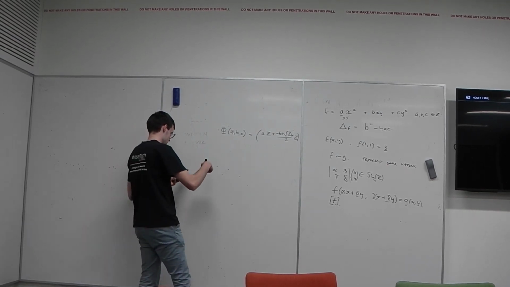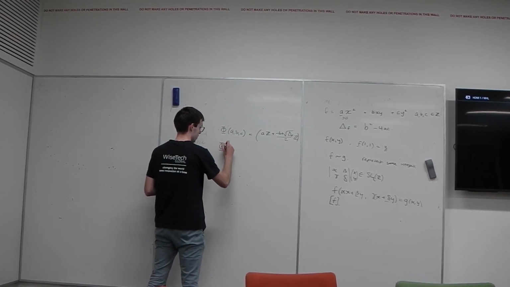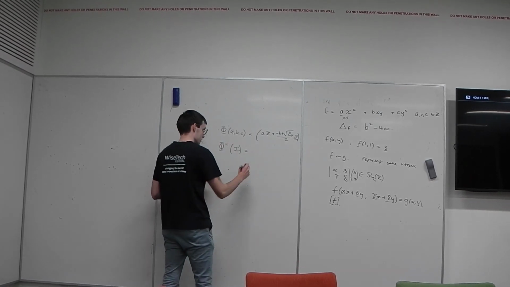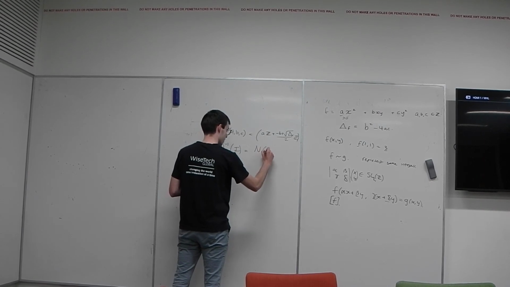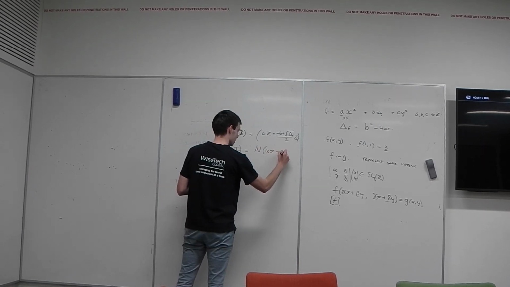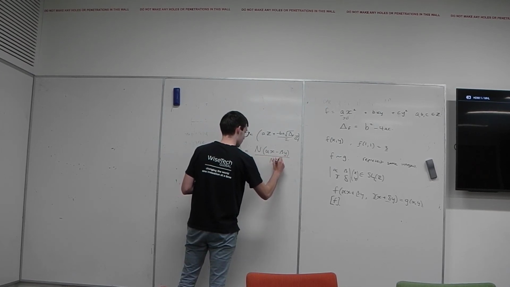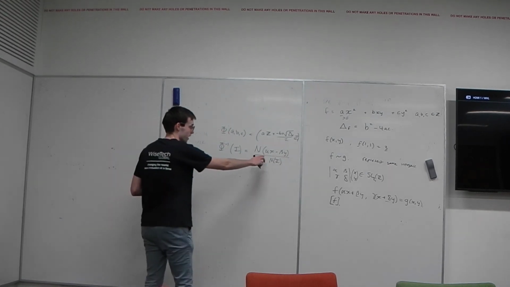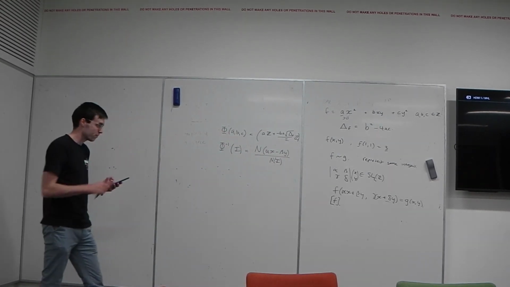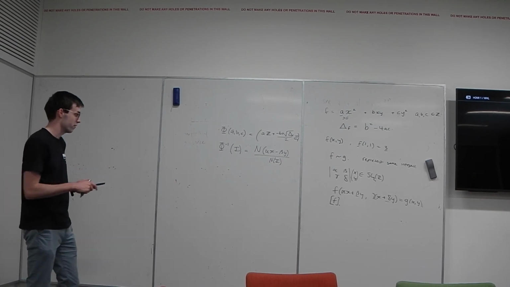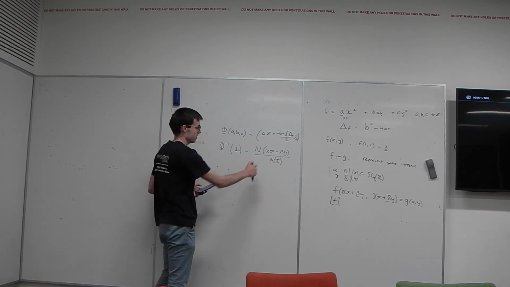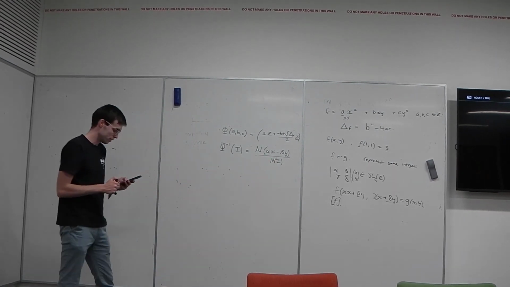The other direction, if you take an ideal, then it's just the norm of alpha x minus beta y over the norm of the ideal, where alpha and beta are a basis of the fractional ideals of the Z. And this is obviously just the ideal norm.